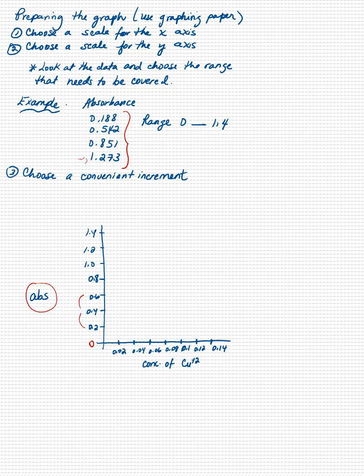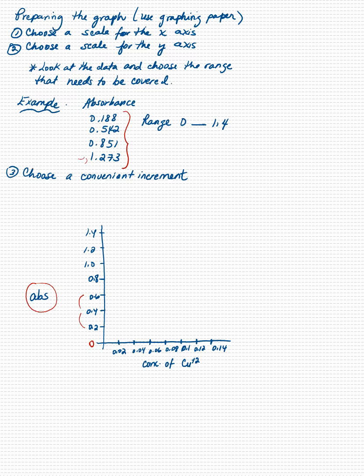But if you have data that starts at 0.1 and it goes all the way to 50, you should not choose an increment of 0.2 because you will have to prepare a super long axis for your graph. At 0.2, 0.4, 0.6, look how many lines I have, and I'm still at 1.4. I will have to keep going all the way to 50.